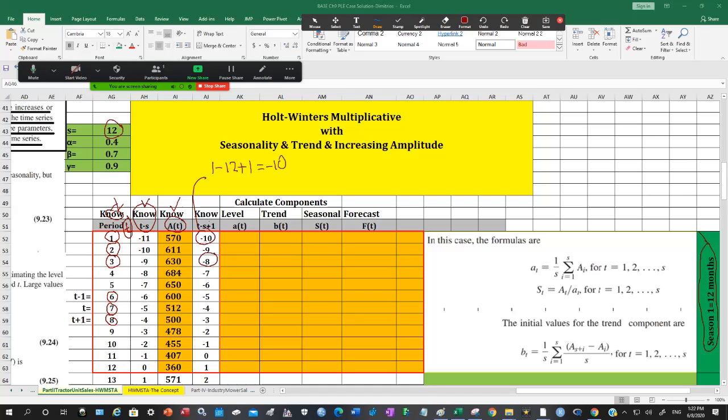For this one, T is 3, so T minus S plus 1 is 3 minus 12 plus 1, which is negative 8. The reason I'm calculating these columns is so you can see where things come from as we move along.